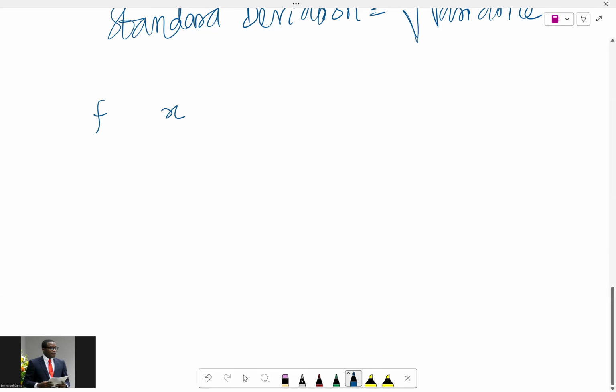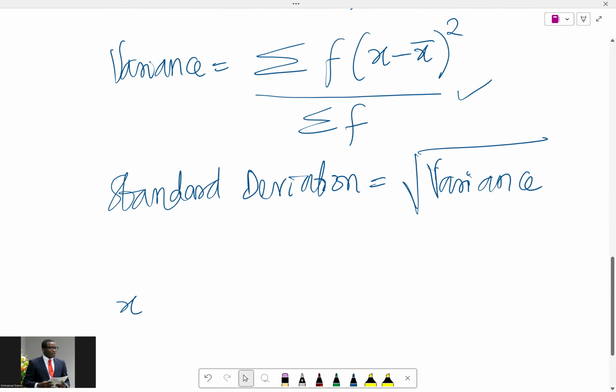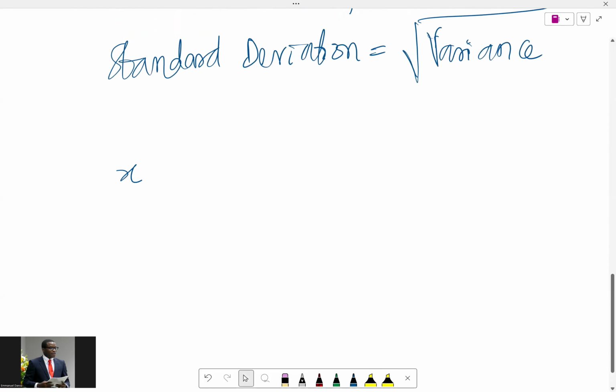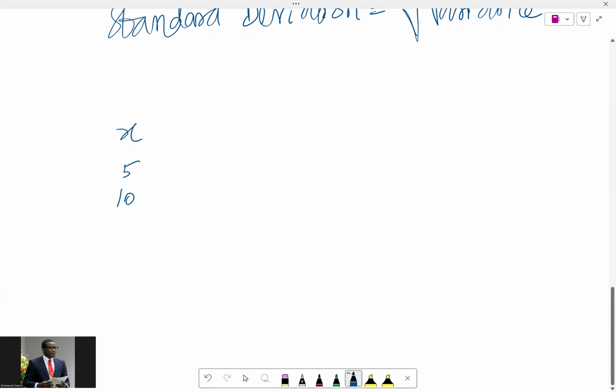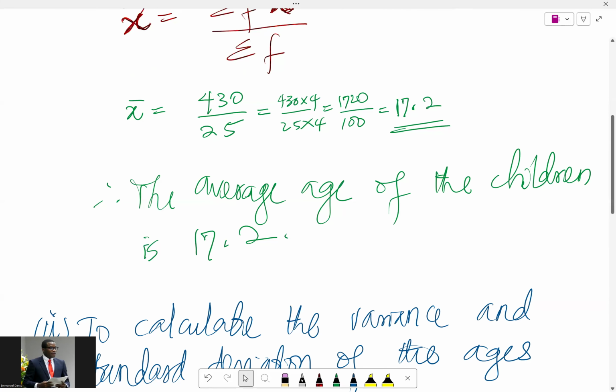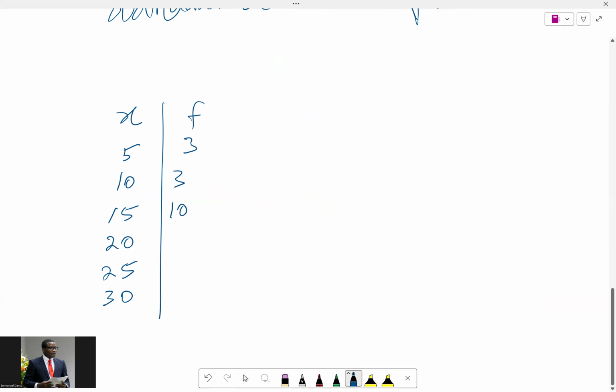So we have the mid mark x in steps of 5: 5, 10, 15, 20, 25, and 30. And for the frequencies, we have 3, 3, 10, 3, 1, 5.